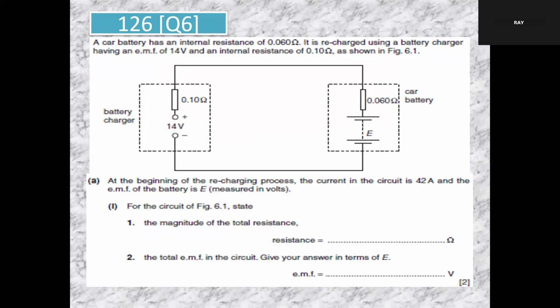What's the magnitude of total resistance? This is a series circuit, so total resistance is just adding up this one plus that one. Then, total EMF: give your answer in terms of E.